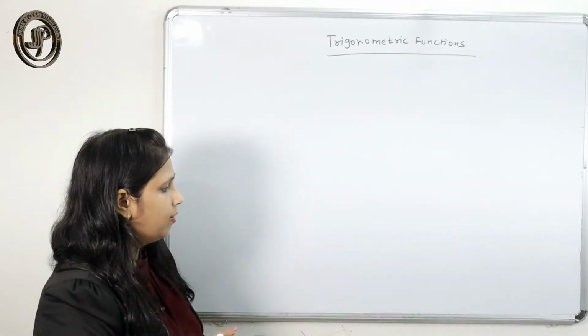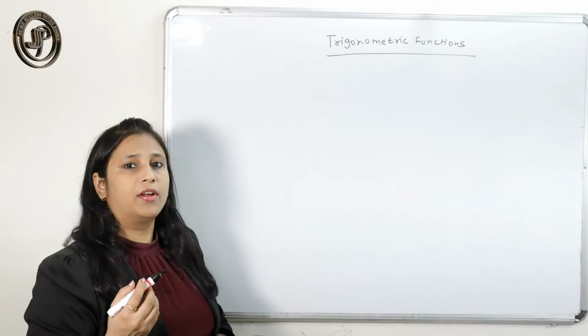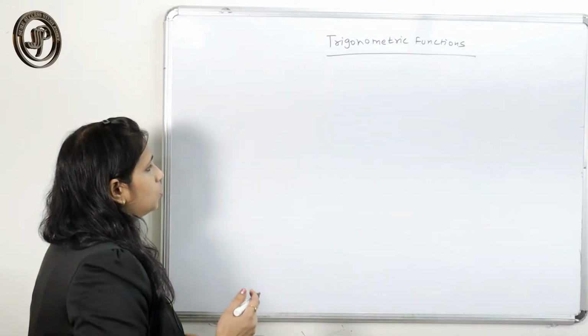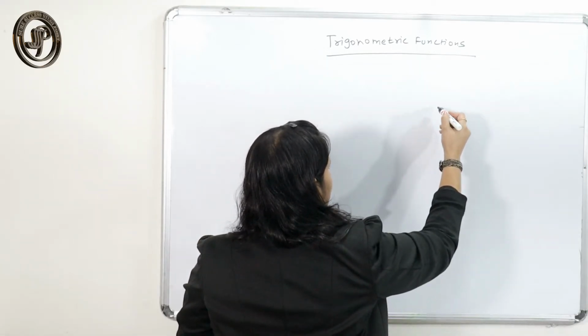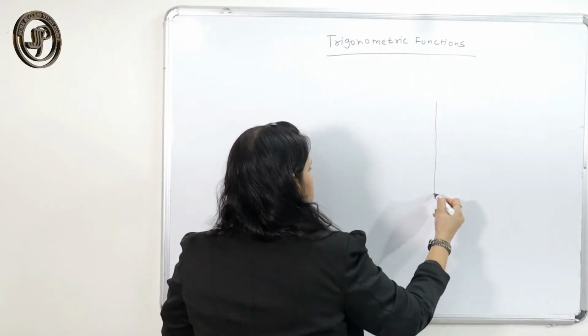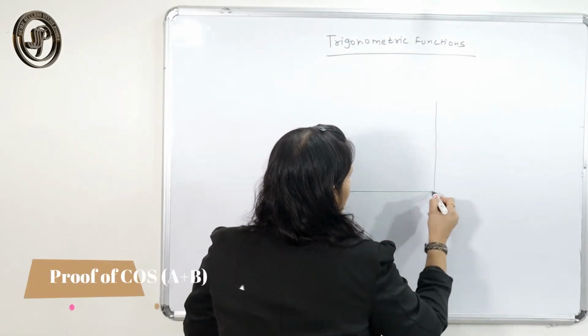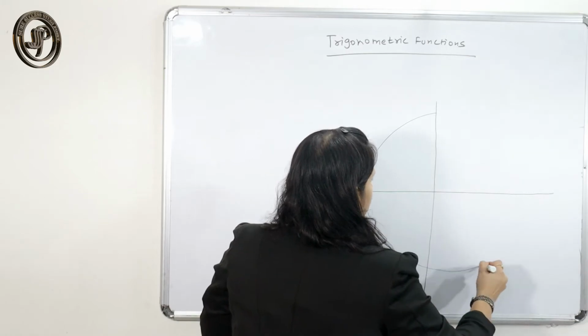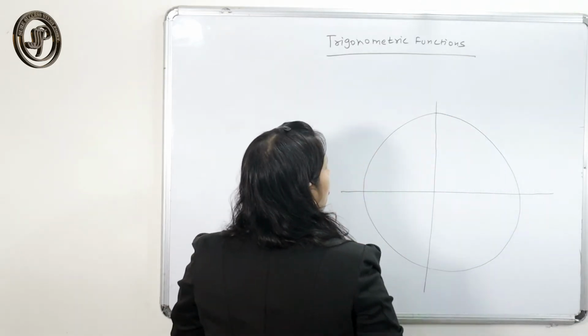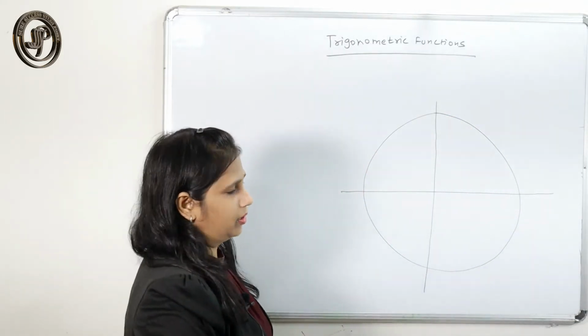So here I am going to derive one important formula. For this, what I have taken is my coordinate axis, and I have taken a circle of radius r, or a circle of unit radius.